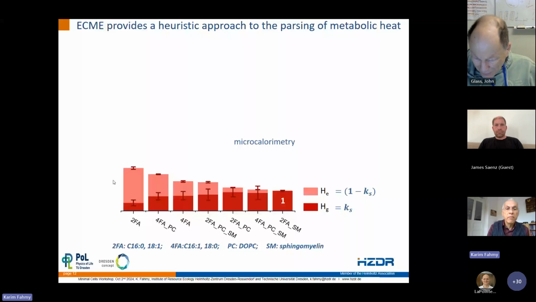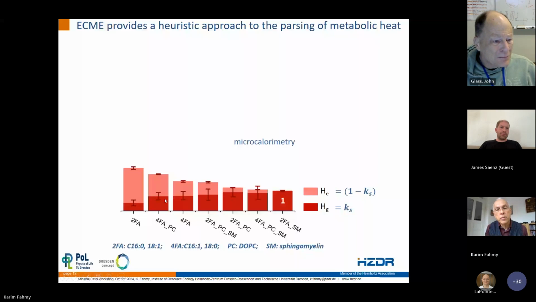And we see very systematically that if we sort all our cultures according to the degree of total heat, which is the total bar height here, then I have already sorted them in the order of increasing biomass. So it seems to be very convincing.